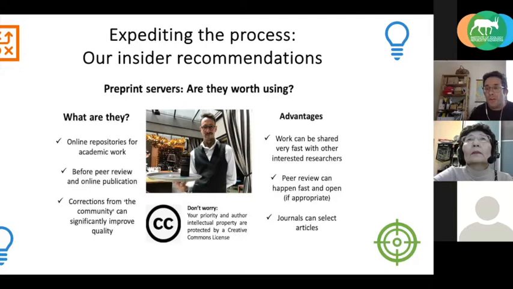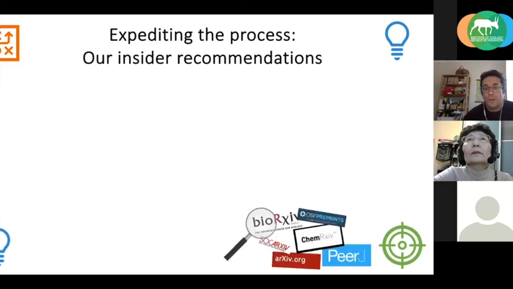Many researchers use preprint servers to get their work out into the community, seen by other researchers in their field. Comments can be made, work can be shared fast, peer review can even happen fast, and journals use preprint servers to select articles for their publications.